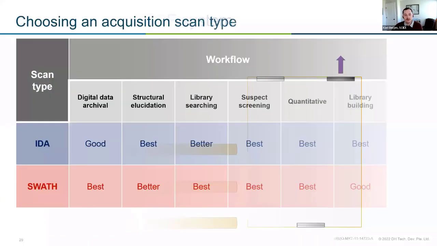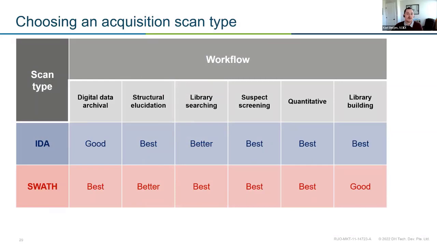And the reason we have two approaches, or the reason you might choose one approach over the other, is going to depend a little bit on what you're up to. So if your goal is to create a really high quality library, when I do that, I typically use information-dependent acquisition, or IDA, data-dependent acquisition. And that's simply because I'm collecting the highest quality spectra, and also most of the time I'm injecting a standard or maybe a reference material.